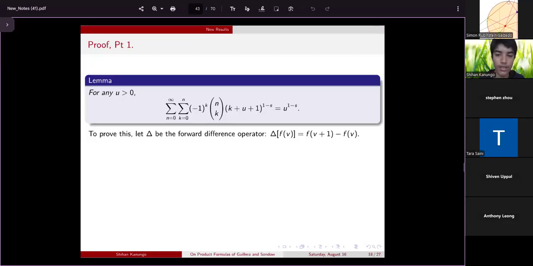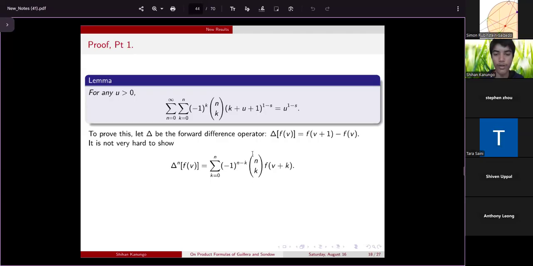To do this, we let delta be the forward difference operator. So delta of a function f of v is defined to be f of v plus 1 minus f of v. And one property of this forward difference operator is that if we iterate it n times on a function, we get the following expression, which is very similar to this.